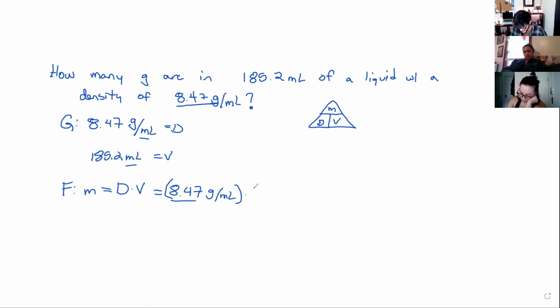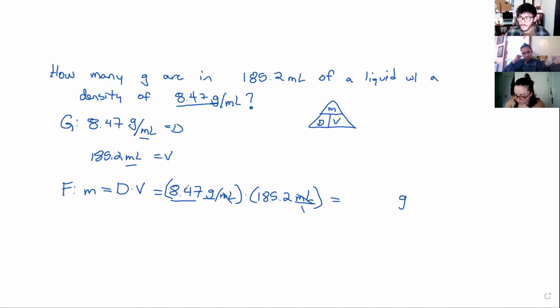We multiply this by 185.2 milliliters. The milliliter is sitting above a fraction bar, and the milliliter here is below this fraction bar. Anything above and below a fraction bar cancels, so the unit we'll be left with is a gram. That gives me confirmation that I want to be multiplying these two numbers together.